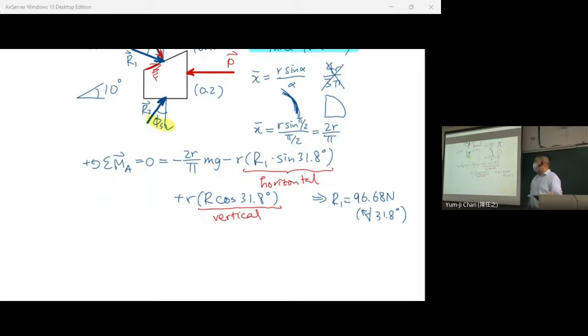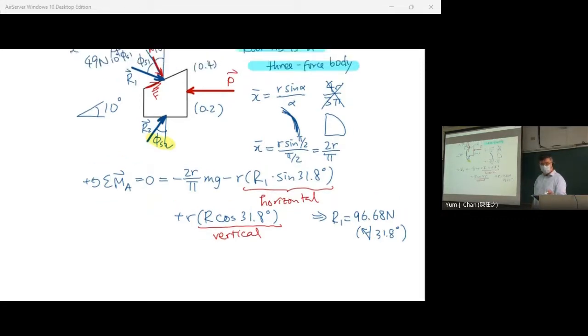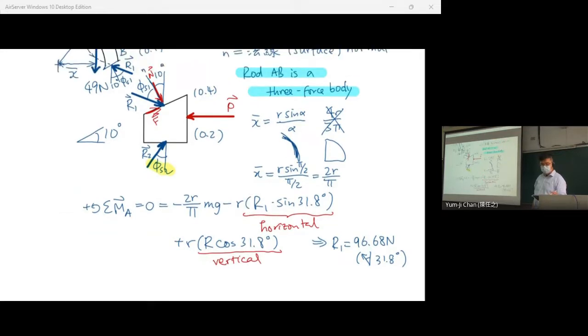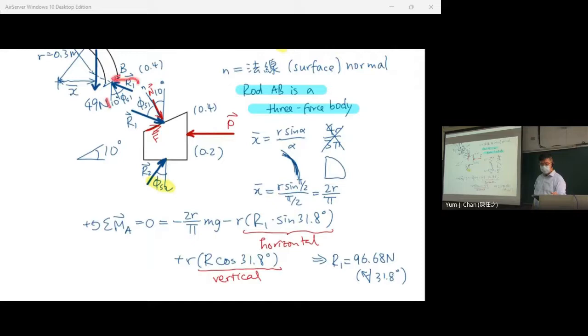Of course, you can use R cross F to calculate the moment, but I take the horizontal and vertical components, and I draw it like this. Now, so we come to R1 is equal to this one.